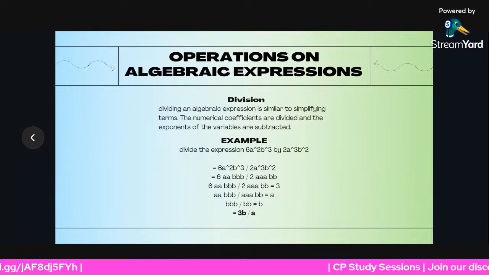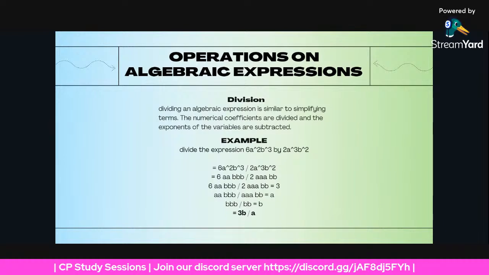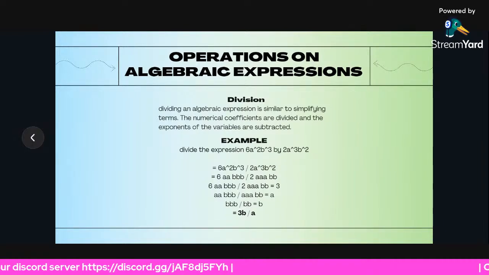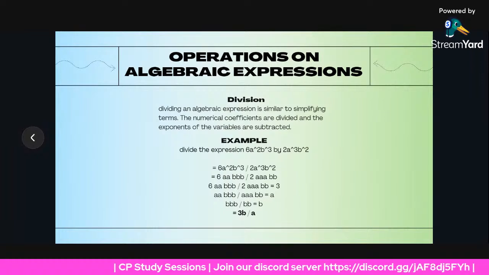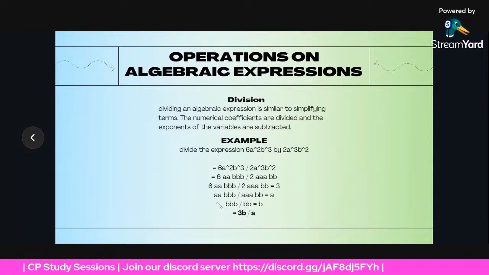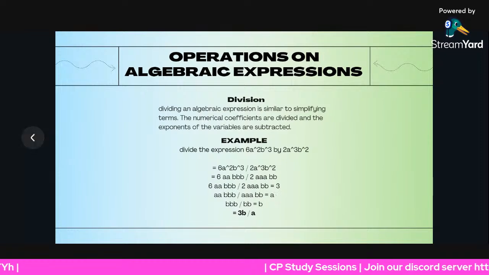Kaya lang siya naka-spread out na ganito para mas ma-visualize nyo kung anong nangyari, kung ilan yung nabawas or saan nabawas. So, we have two A's here. Then, sa right side natin, we have three A's. So, 2 minus 3, ang matitira na lang natin is isang A.